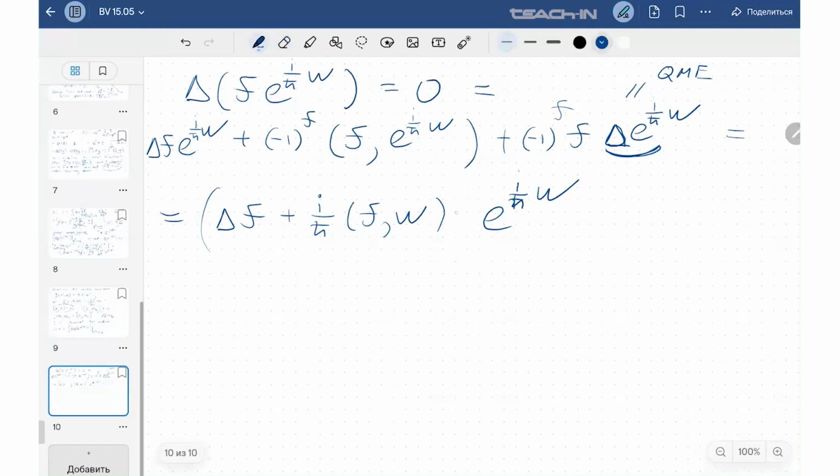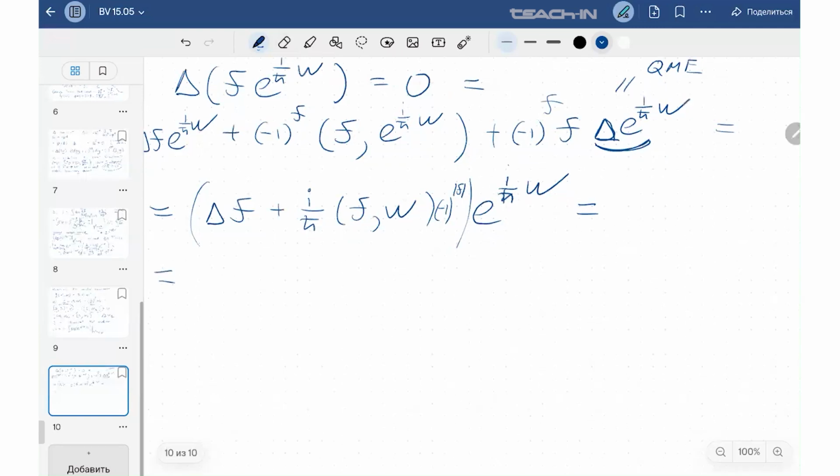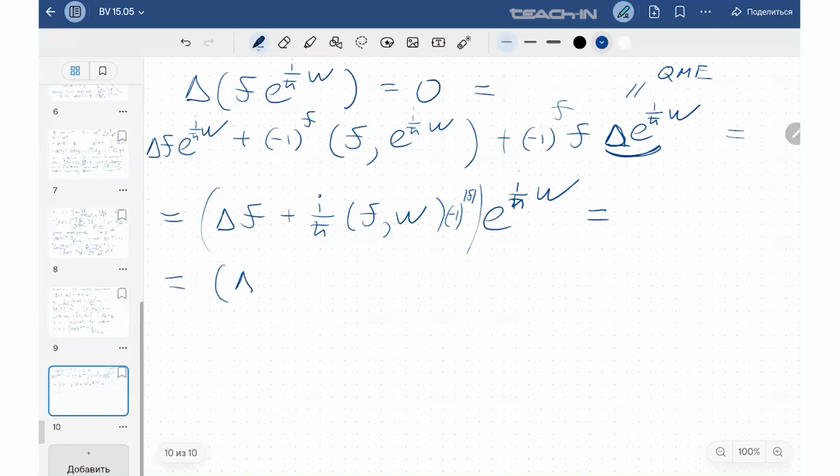Must be here, -1 power f, right? And this we're going to rewrite as follows, that it is delta f.